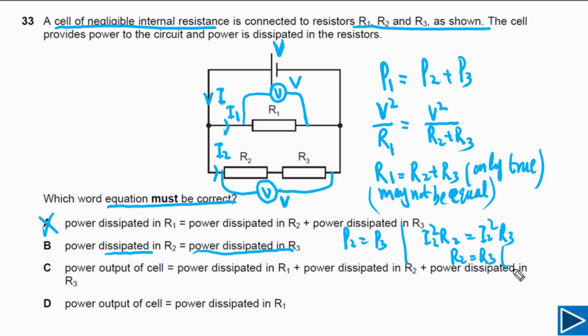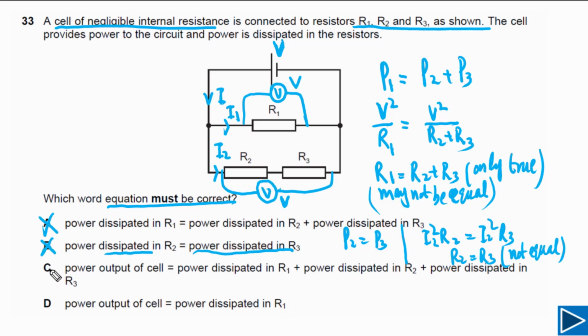But it is not given to us that they are equal. They may not be equal. If they are equal, then it is true, but maybe they are not equal, so it cannot be the best possible option.